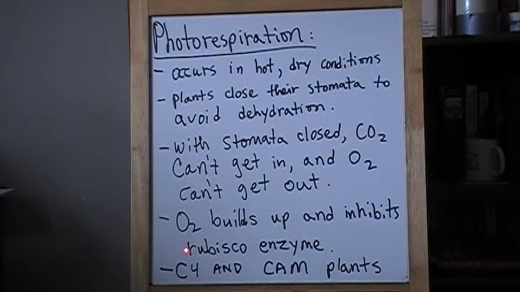So certain plants have evolved a way to deal with that or adapt to that, and those are called the C4 and CAM plants. C4 plants produce a C4 compound that is a way to store CO2.